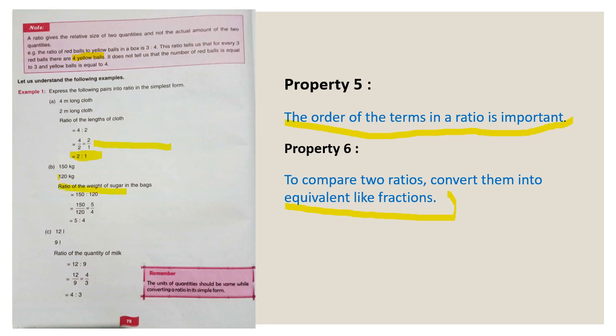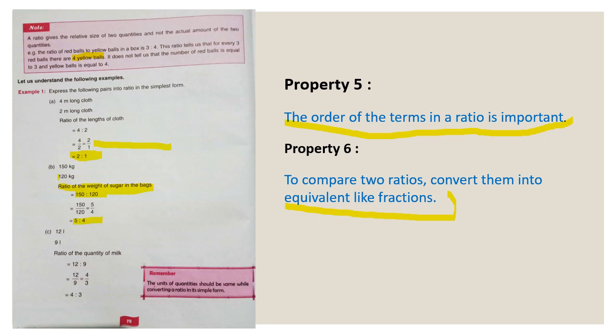The ratio of the weight of sugar in the bags is 150 to 120. So 150 by 120 gives us 5 by 4 in the simplest form. So the ratio of the weight of sugar in the bags is 5 is to 4.